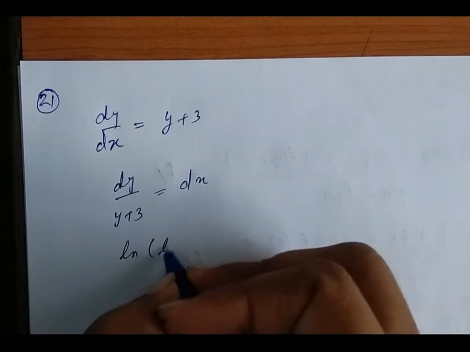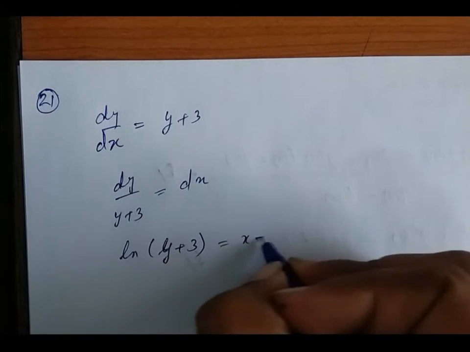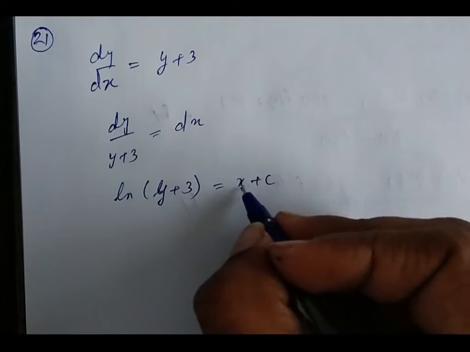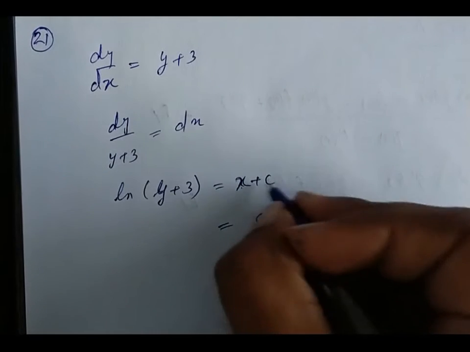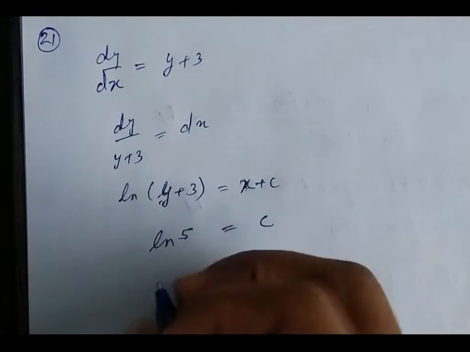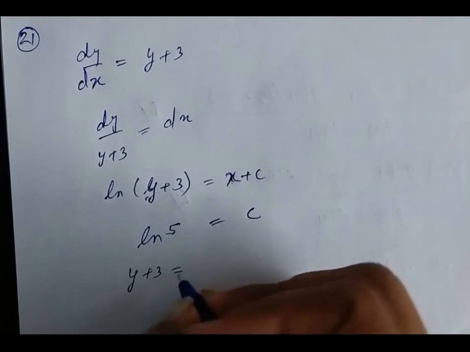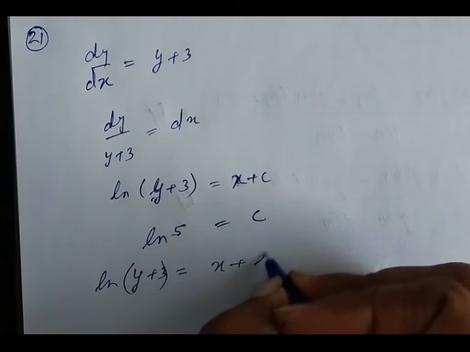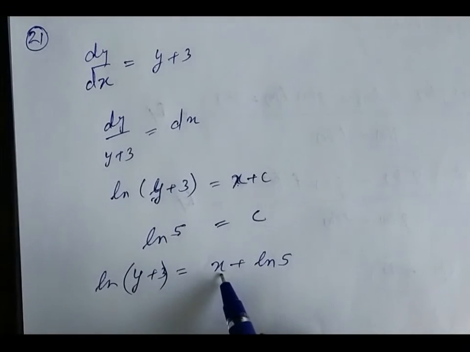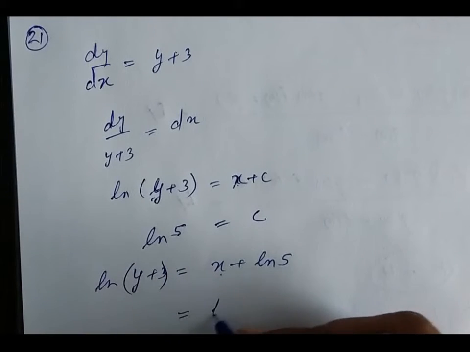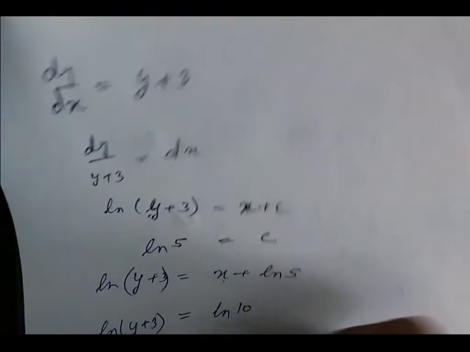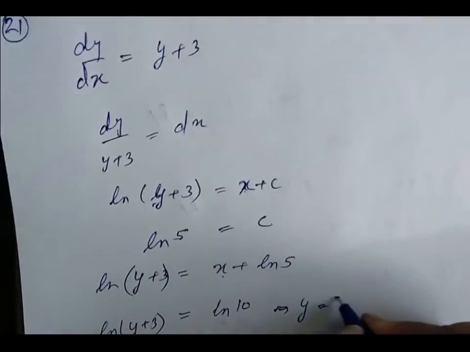Integrating we get ln (y plus 3) is equal to x plus c, and we can calculate the value of c since we have given at x is equal to 0, y is equal to 2, then c is equal to ln 5. So ln (y plus 3) is equal to x plus ln 5, and when x is equal to ln 2, ln (y plus 3) would be equal to ln 10. This implies y equal to 7.